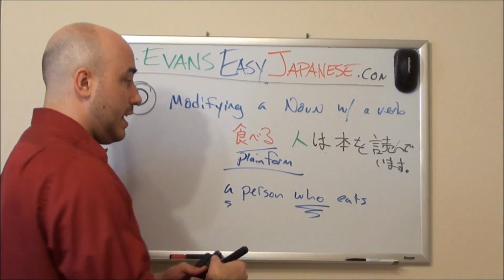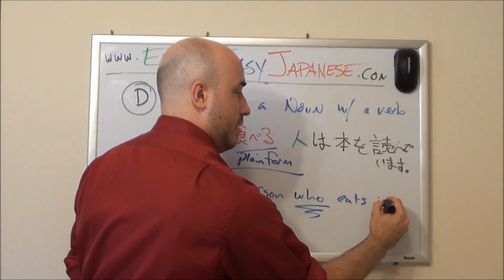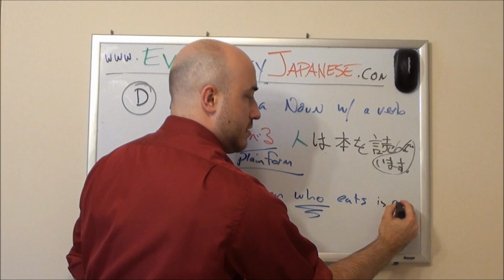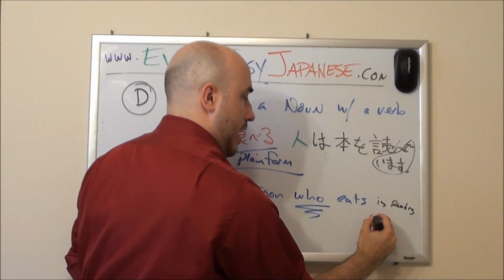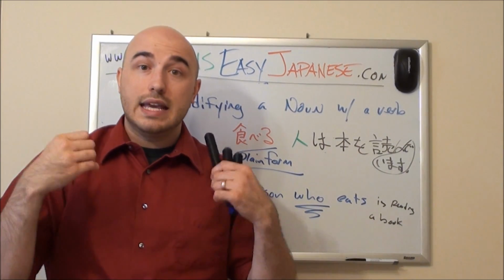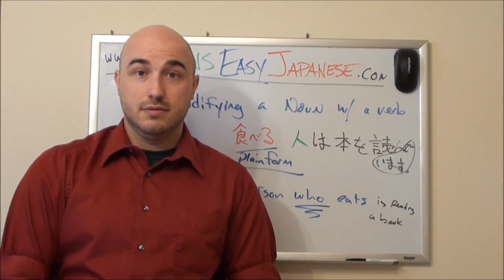The person who eats is, the reason why it's is reading is because it's the de imasu form, is reading a book. The person who eats reads a book.